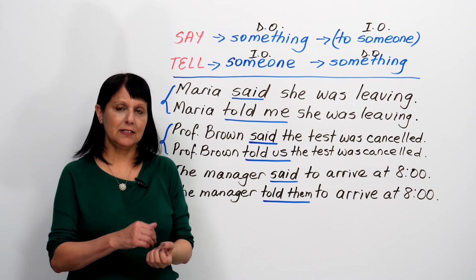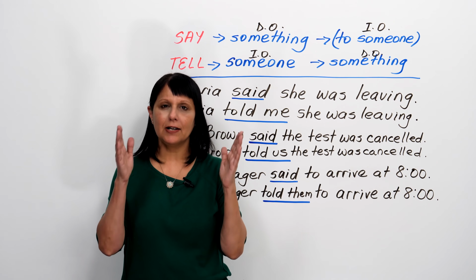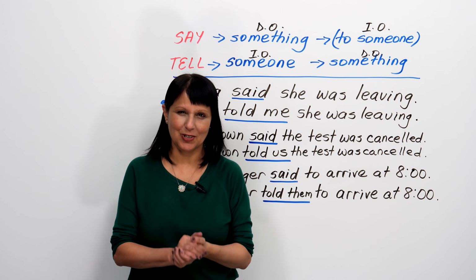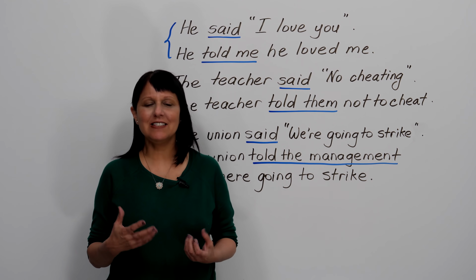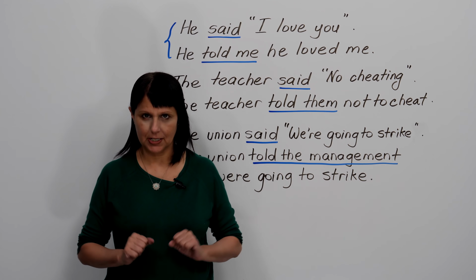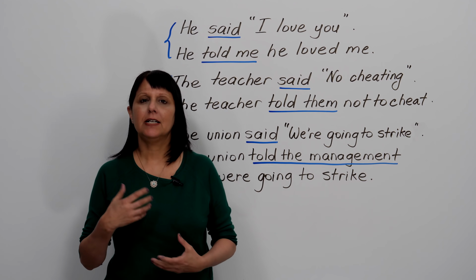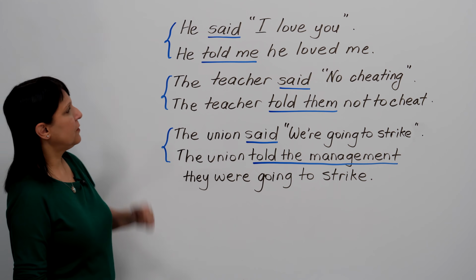In the next stage, I'm going to show you how you can use these words when you're actually quoting what someone said. So let's have a look at that. Okay, so now let's look at what happens when we are including a direct quotation of what someone said in our sentence. So, the first one.